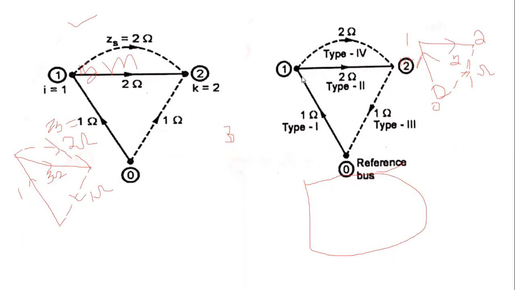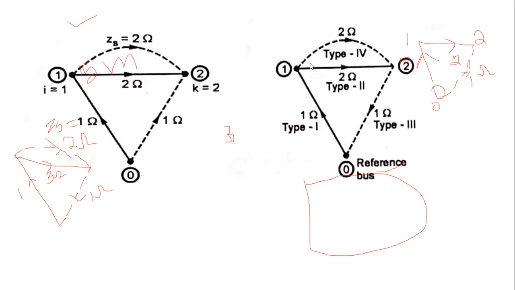In other problems, all elements are considered type 1 and type 2 modifications only. But in this given network we cover all 4 types of modifications.